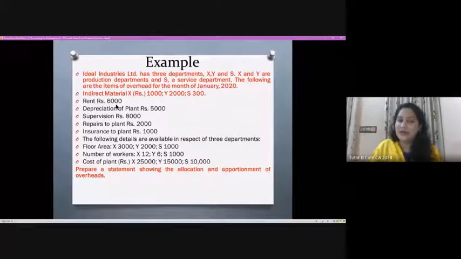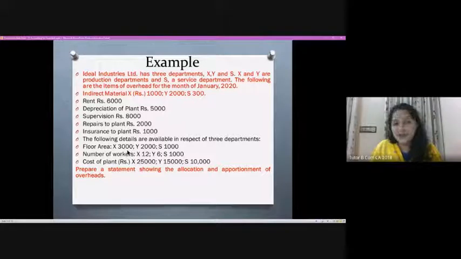Now we have learned that the basis for apportionment of rent is the floor area. It will be easy for us to establish a ratio here, because otherwise it will be very difficult for us to calculate.